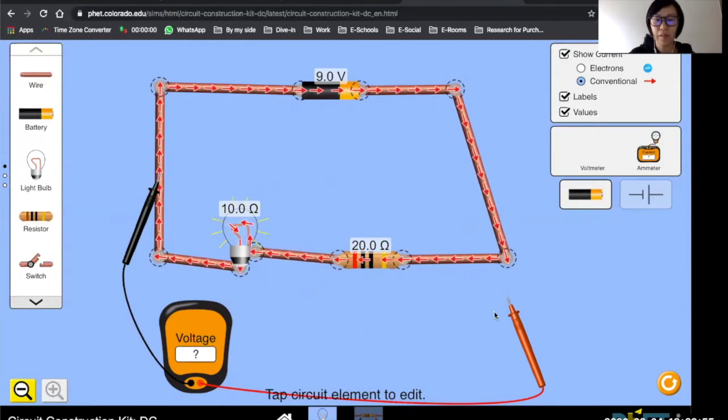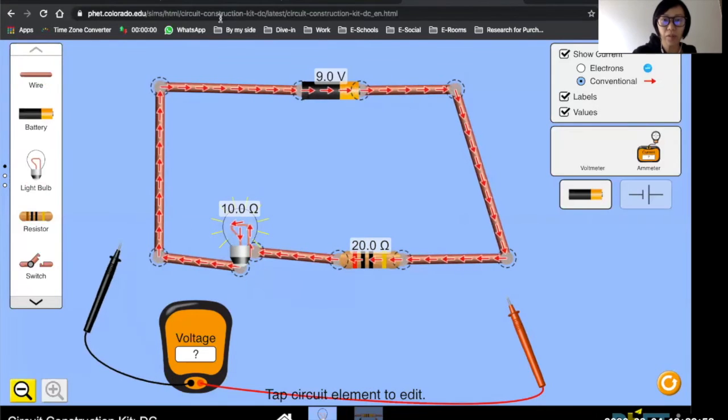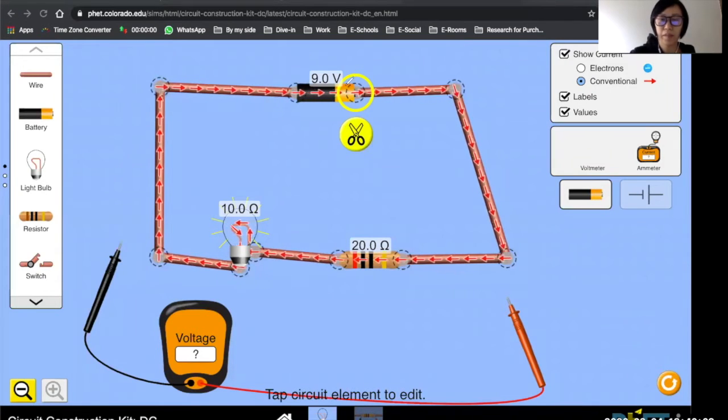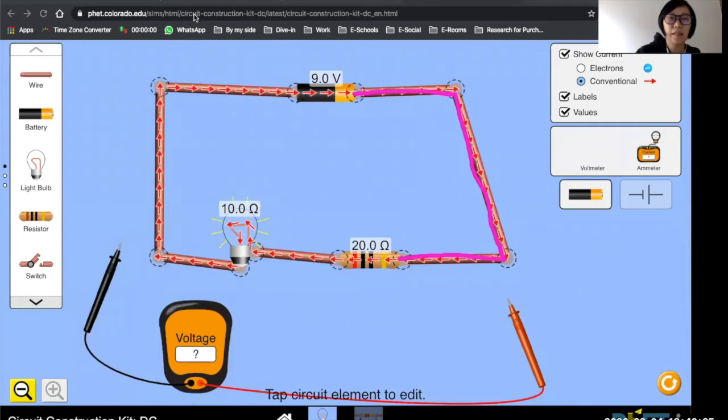All right, I'm going to again make use of the colors. The wire between one terminal of the battery to the other end of the resistor, I'm going to color pink, and the other one I'm going to color blue.